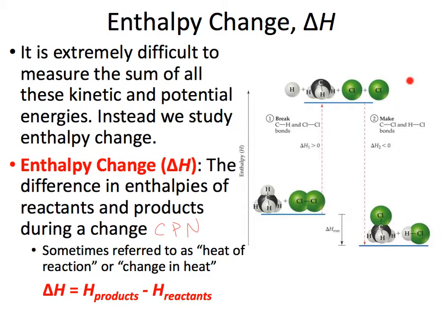So looking at this diagram here, where we have methane reacting with chlorine, these are our reactants. Our reactants, they're the things that are reacting, and here are our products. Now, in the course of this reaction, the bonds between the reactants, these are all covalent bonds here, will be broken.